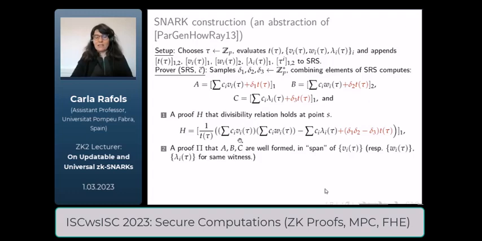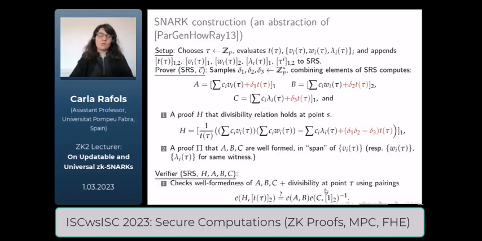They are vectors that are linear combinations of these polynomials that are part of the description of the circuit, but with the same C. I want to say one more thing. First, how do you verify this?